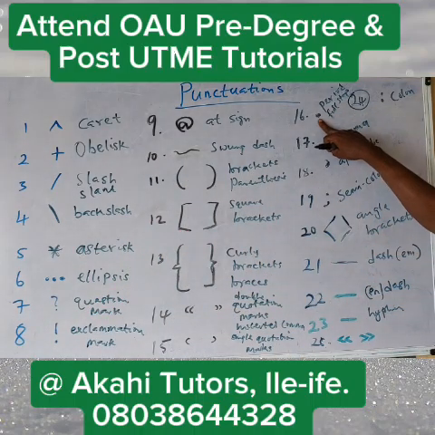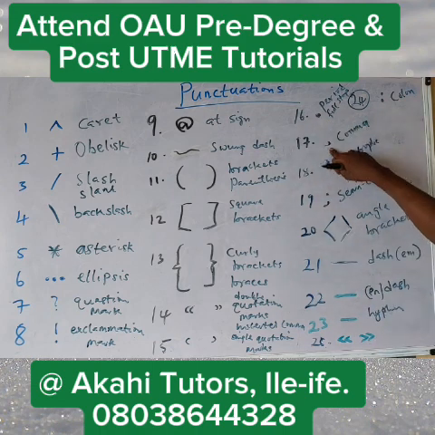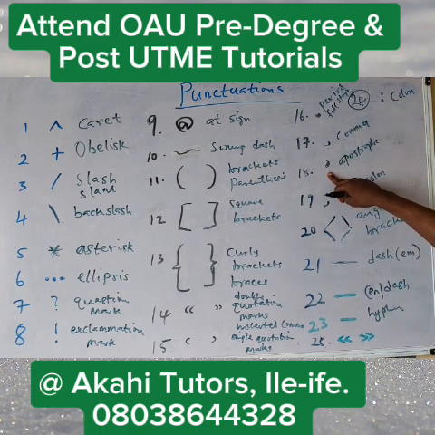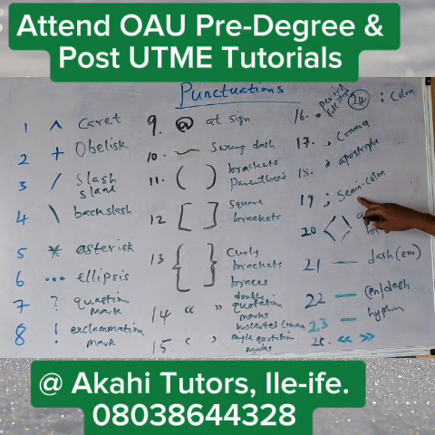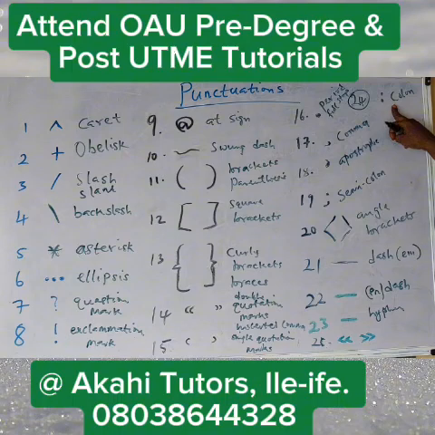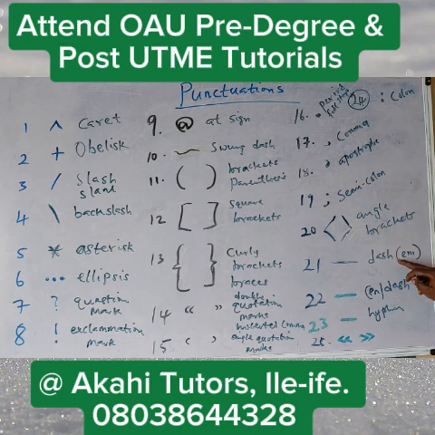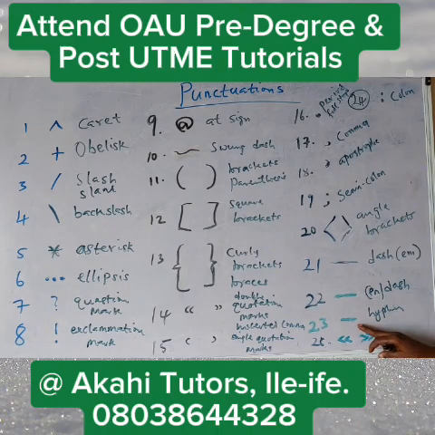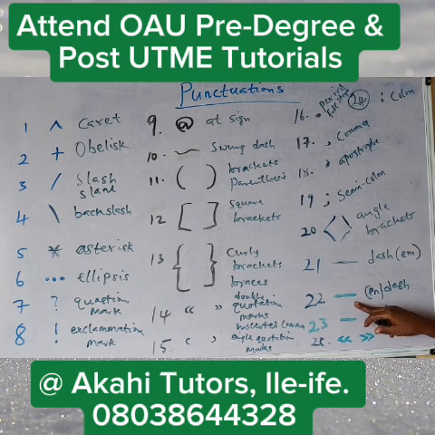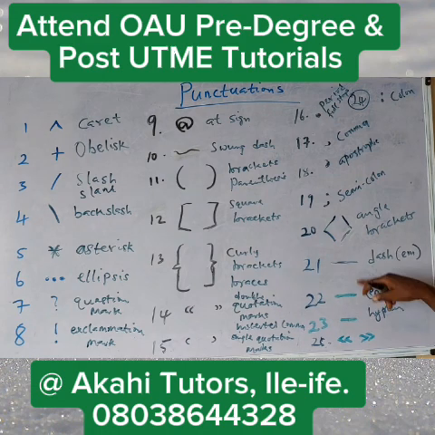Then we have full stop or period. We have comma. We have apostrophe. We have semicolon and we have colon. We have angle brackets. We have dash. That is the M dash. The M dash is longer than the N dash, while the hyphen is shorter than the N dash, and the N dash is shorter than the M dash.